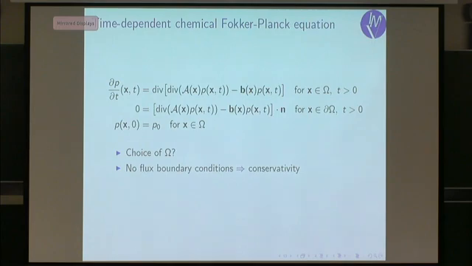This no-flux boundary condition implies conservativity. It means that if I start with some probability distribution P0, meaning the integral over P0 is 1, it's a probability density, then this property is preserved for all subsequent times. So the integral over P at any time is 1. So this is nice. This seems like the right boundary condition.